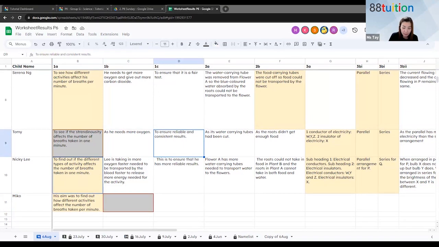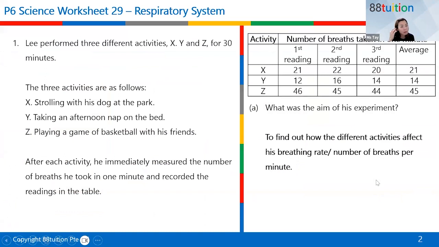Can I ask something? You will reply me in the chat. I'm going to ask you one thing. Can I write this? What was the aim of the experiment? Then I write down.